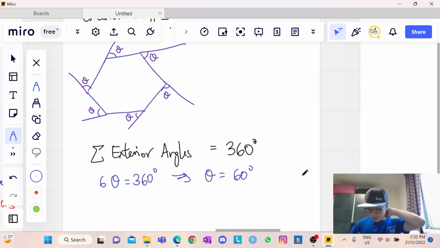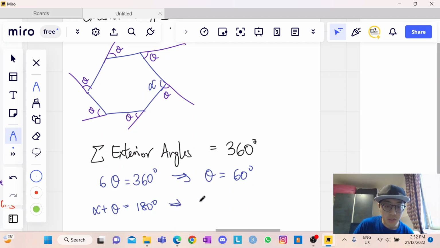So you might question, how do you get the formula? How do you make sure that the formula is correct? So we can prove it. You can see, since this is a straight line, anything inside this, let's name it alpha. So alpha plus theta is equal to 180 degrees because it's a straight line.